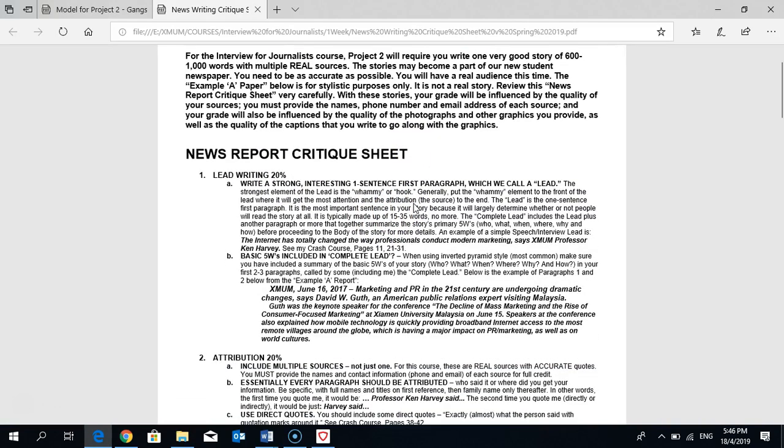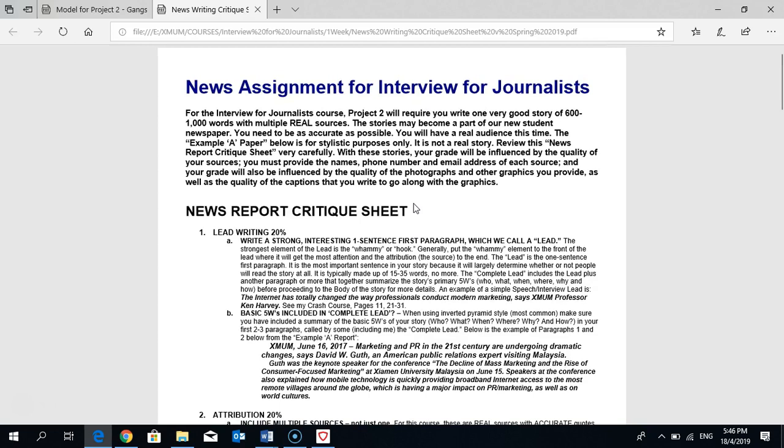So I'll take some time going through this. I expect no fewer than 600 words. I would say 1,000 would be the most on this story. 1,000 words is not really too much if you have lots of quotes. I told you the other day, I like quotes.